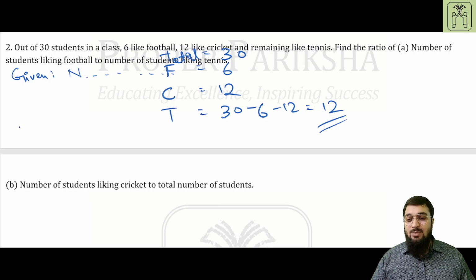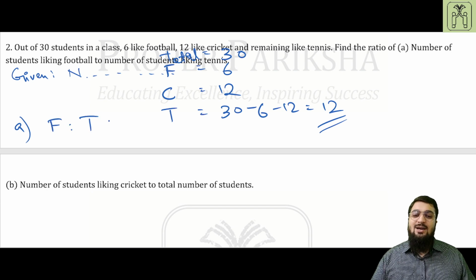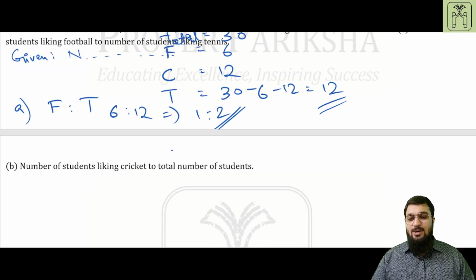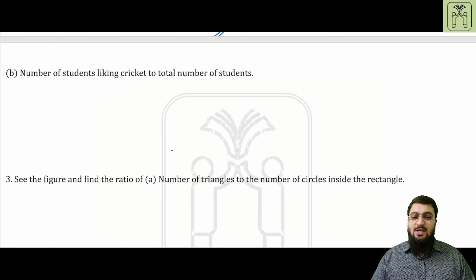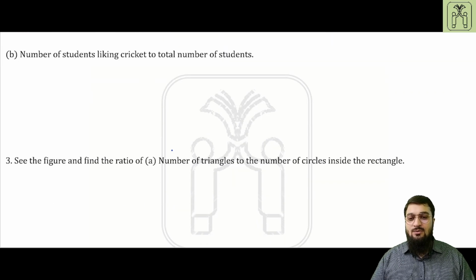Now coming to the part, and that is ratio of number of students liking football to number of students liking tennis. So answer will be 6 is to 12, and that will be 1 is to 2. That is the answer. Coming to part B, number of students liking cricket to total number of students.